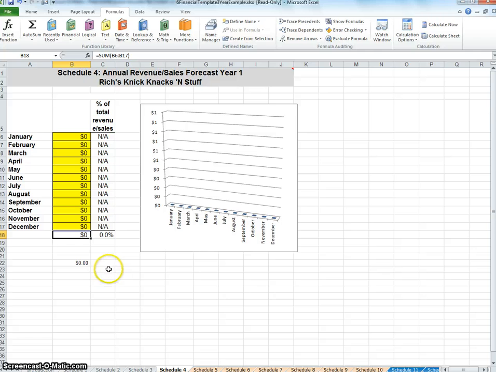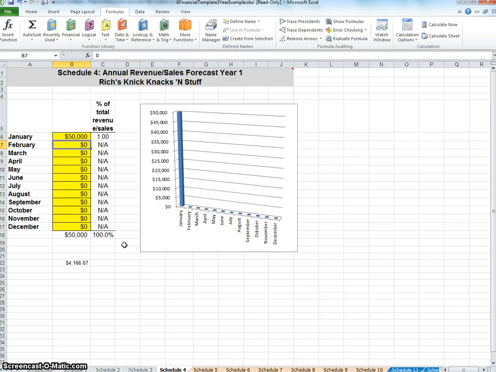So we'll continue. Schedule 4, this is our annual sales forecast. So I'm going to say knickknacks are a hot seller around, we're a seasonal business. So I think we're going to be selling like hotcakes leading up to the holiday season.